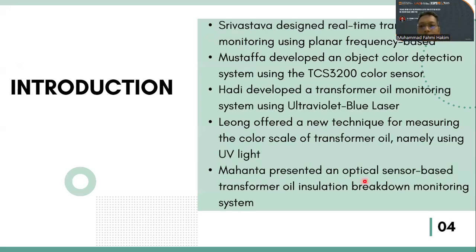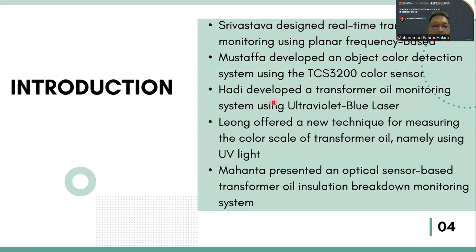And there are several research works about transformer oil monitoring. Srivastava designed a real-time transformer oil monitoring using planar frequency-based sensing, and then Mustafa developed an object color detection system using the TCS 3200 color sensor.